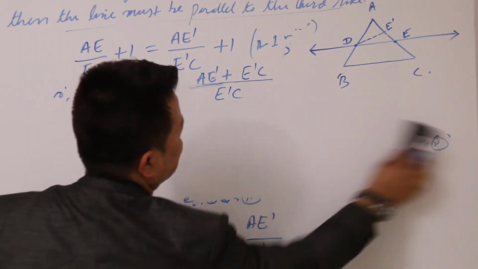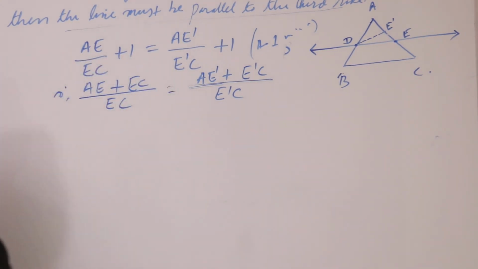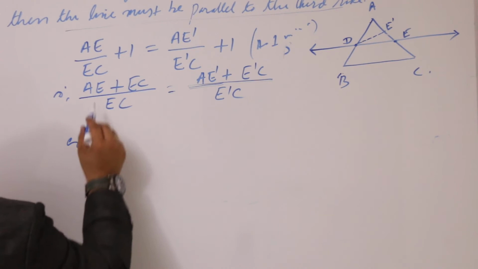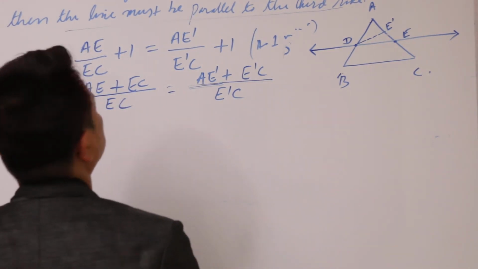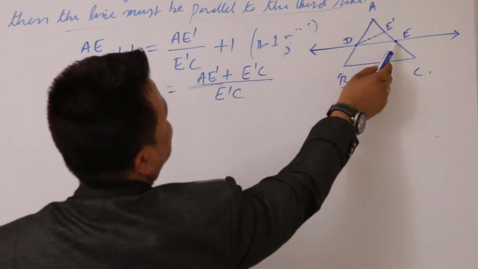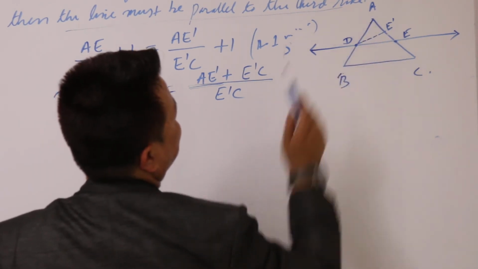Now see the diagram: AE plus EC, what does it give?